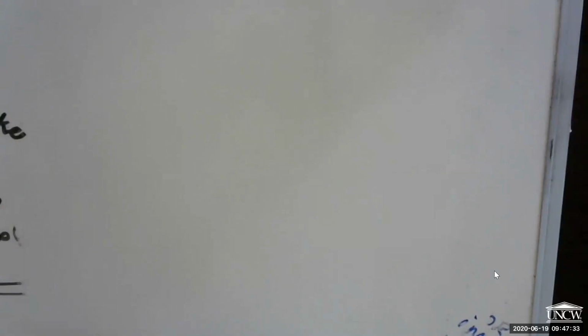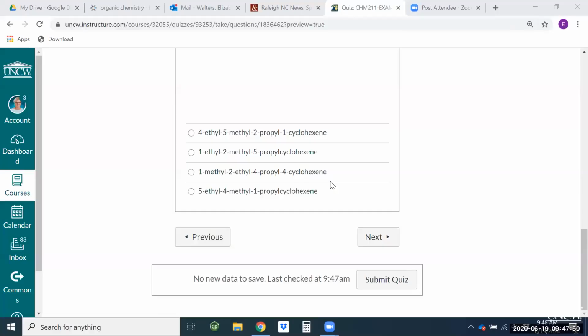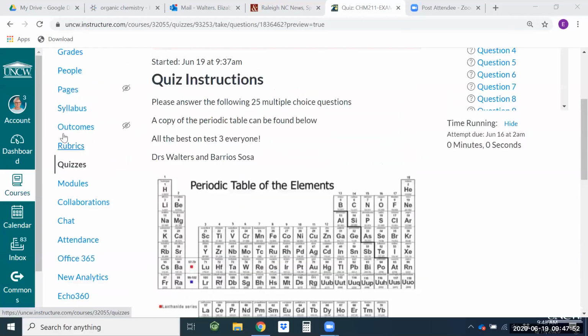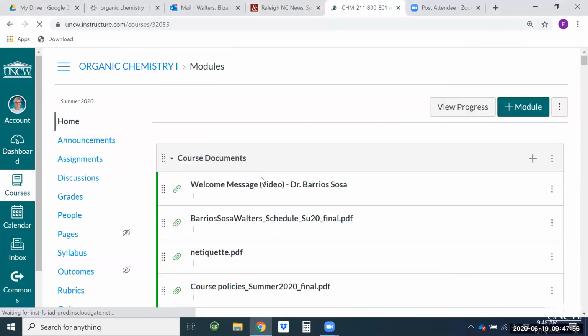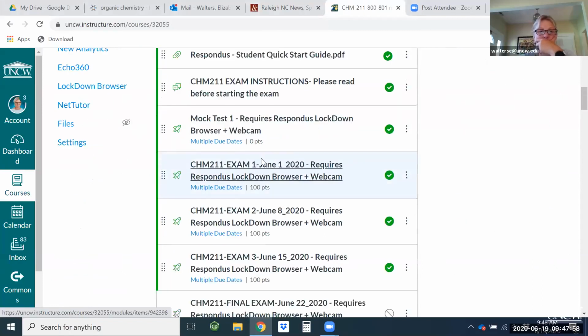I have one more test question. Sure. On the first test, it was the molecular orbital theory. I was trying to count the electrons, but every single option, none of them matched up with the number of electrons I was counting. Okay, let me see. On exam 1.